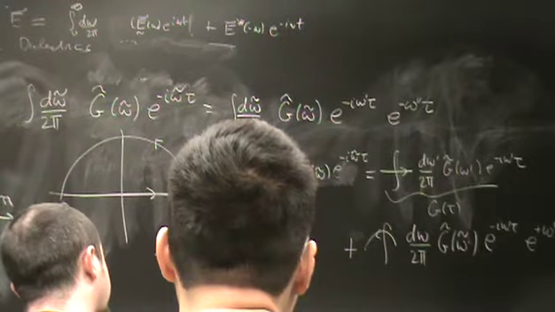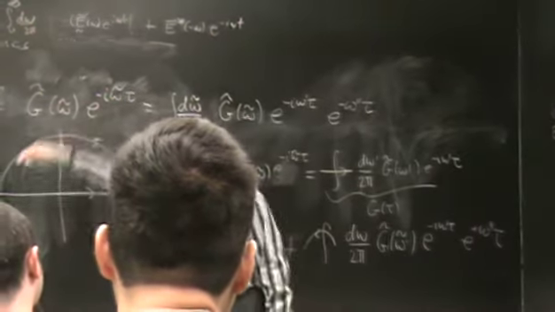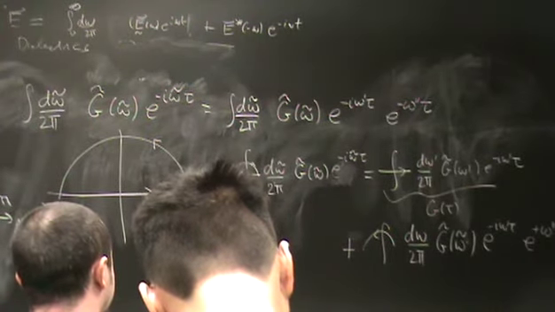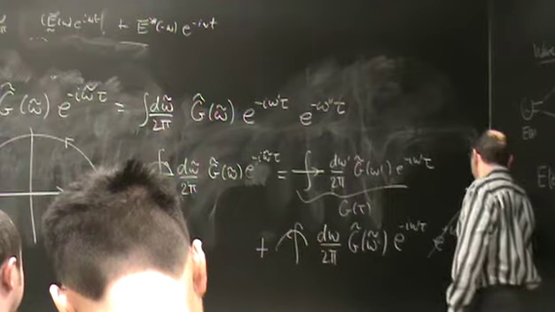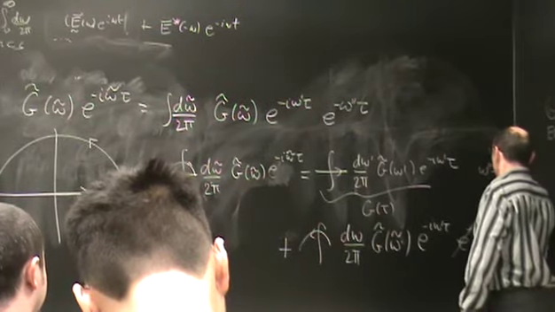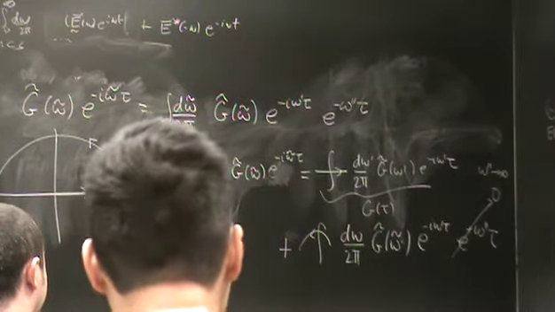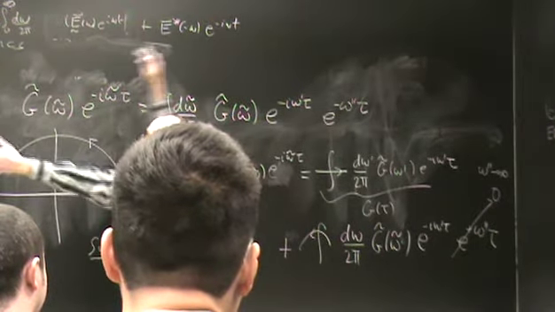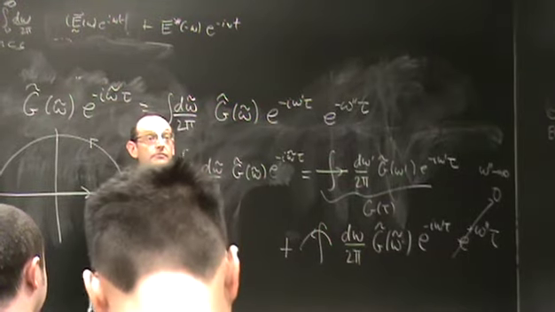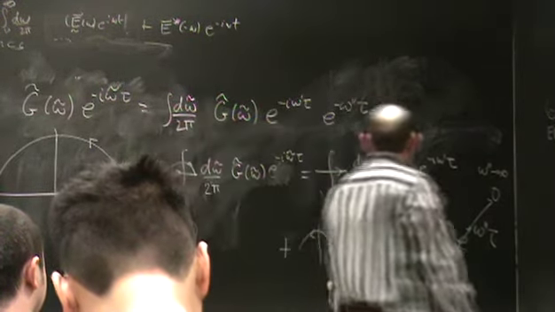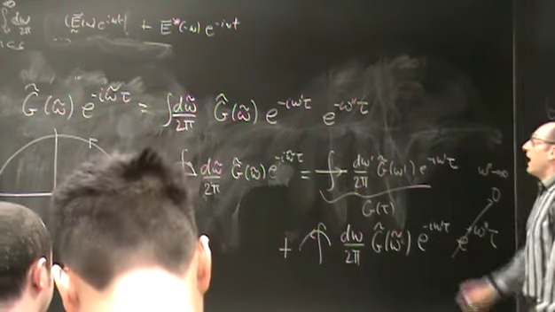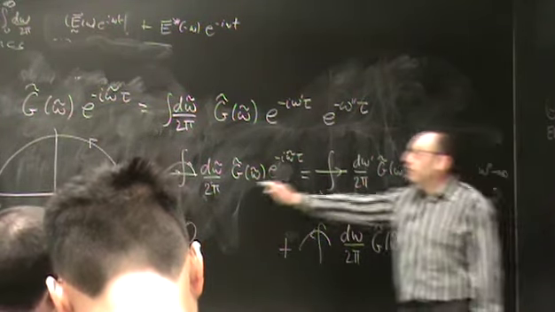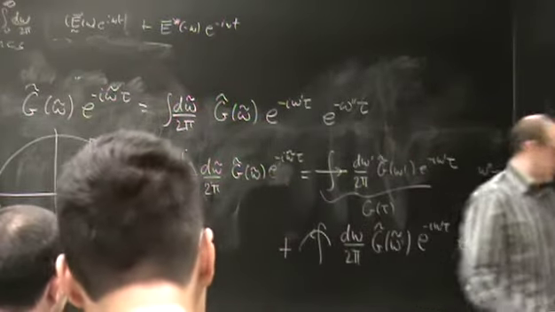So if tau is negative, and we've closed this in the positive part of the complex plane, then this goes to 0 as this goes to infinity, which it does when we move this semicircle all the way off to infinity. Which means that the thing that we want to calculate is equal to this closed loop integral.